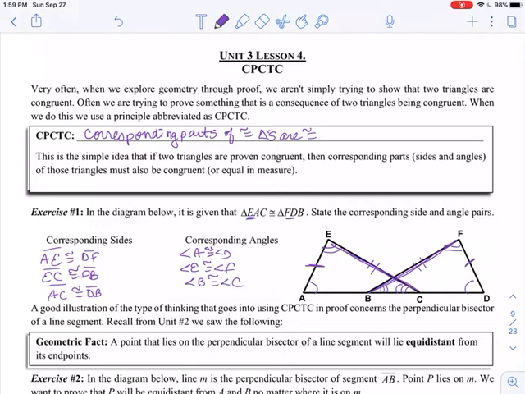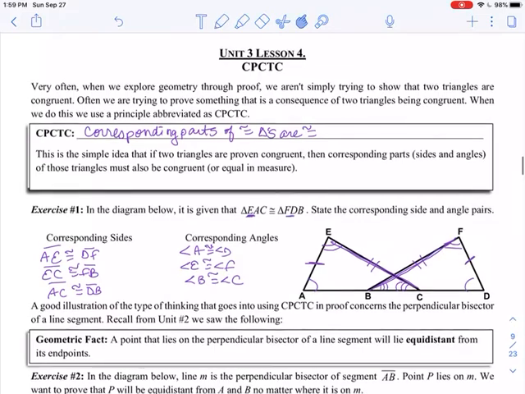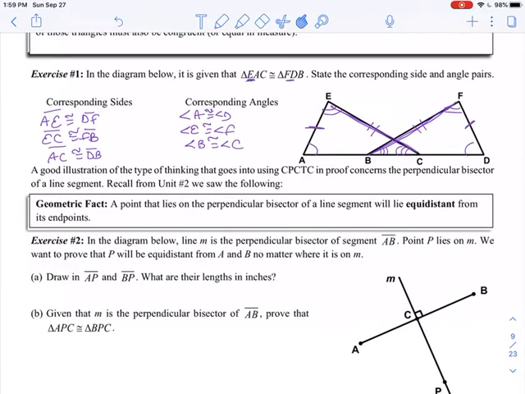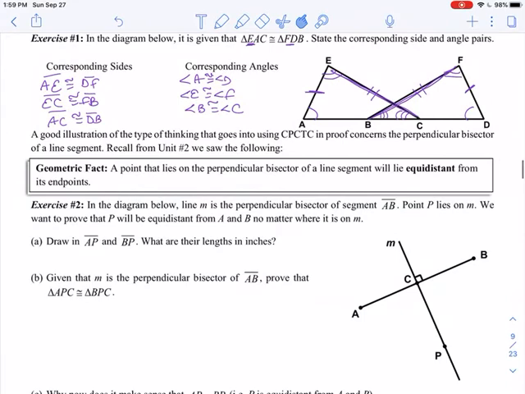All right. So a good illustration of the type of thinking that goes into using CPCTC concerns the perpendicular bisector of a line segment. So we were talking about this back in Unit 2, perpendicular bisector, and here's a geometric fact. Any point that lies on the perpendicular bisector of a line segment will be equidistant from its endpoints.